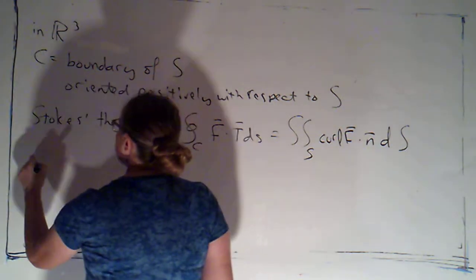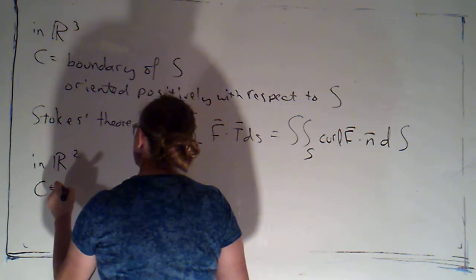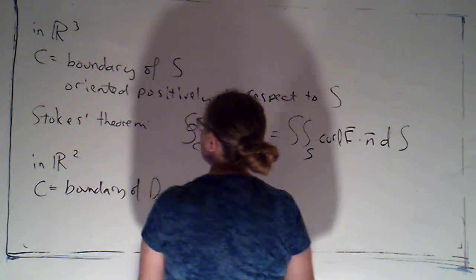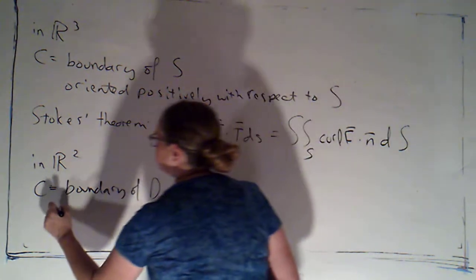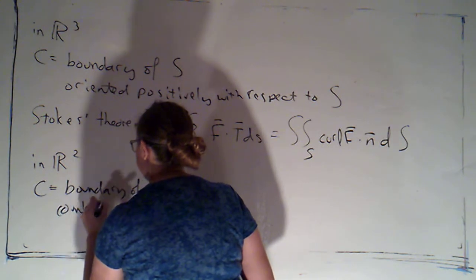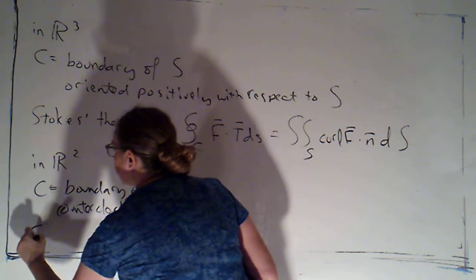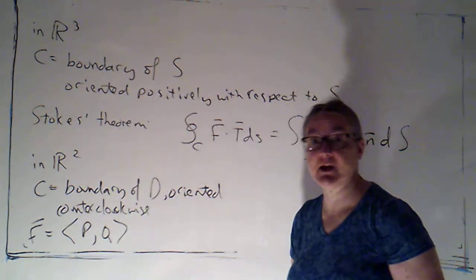Okay. So in R2, if C is the boundary of a region D oriented counterclockwise, and if F is equal to PQ.